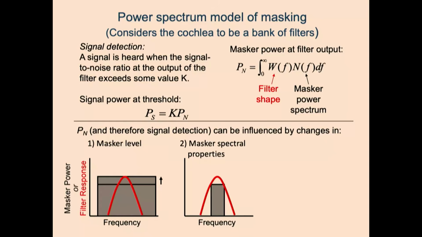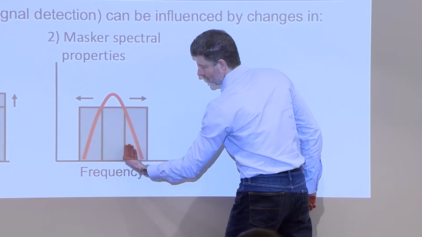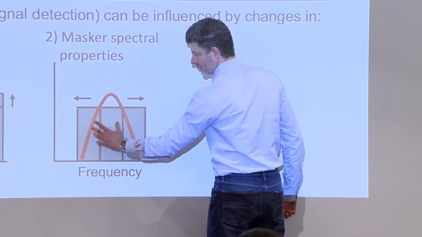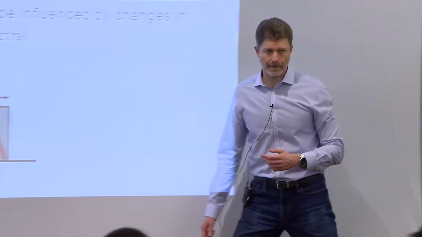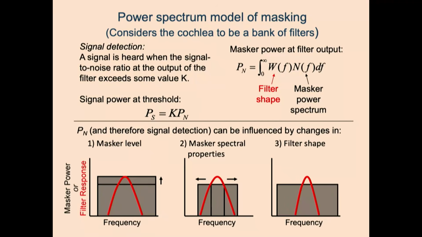Here we have a masker that's very narrow band, with only a narrow band of frequencies. If we add low and high frequencies to make it more broadband, there will be more frequencies hitting the filter, so the dot product of the filter and the noise will go up. The noise power will also be affected by the filter shape.